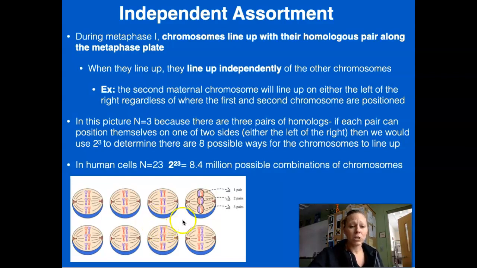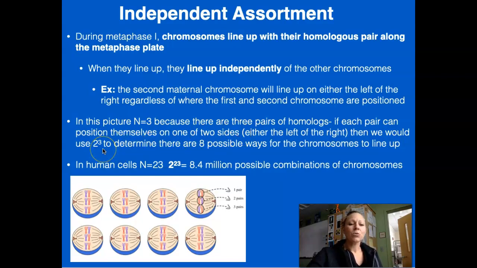In this picture, you can see that there are only 3 chromosomes, so n equals 3. If we put 2 to the 3rd power, that gives us 8 possible ways for our chromosomes to line up.